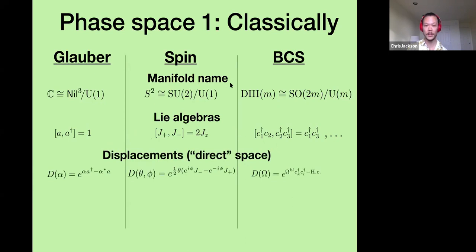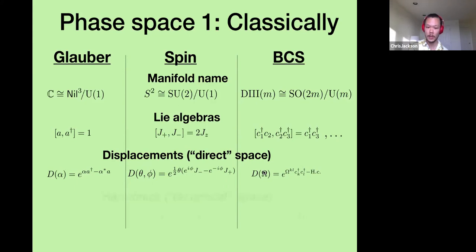And when you think about the manifold directly, or geometrically, you should appreciate that there are really two canonical things you would want from a manifold. One of them is you want to know what it means to move around. That's what these displacement operators are doing, telling you how to move around these spaces.